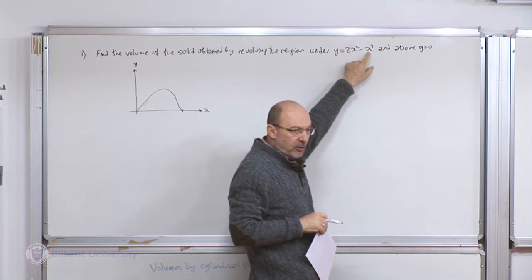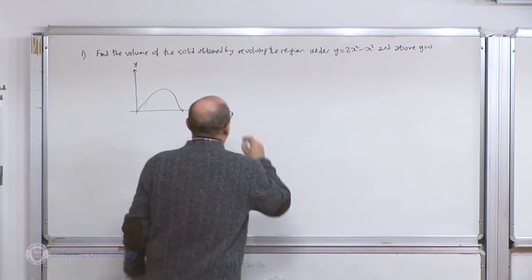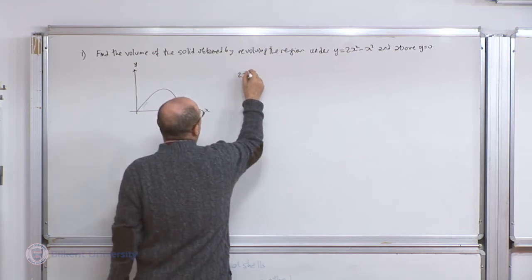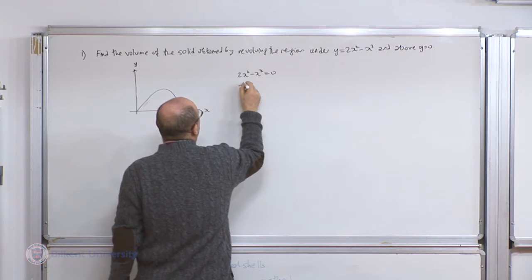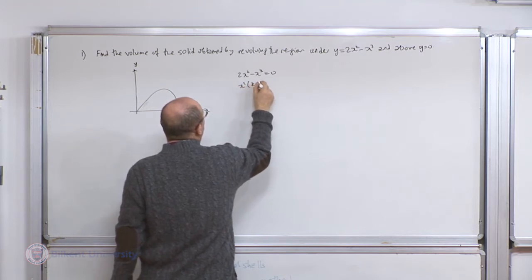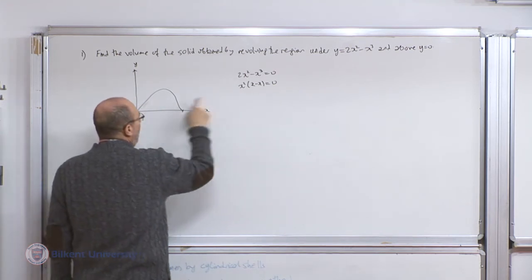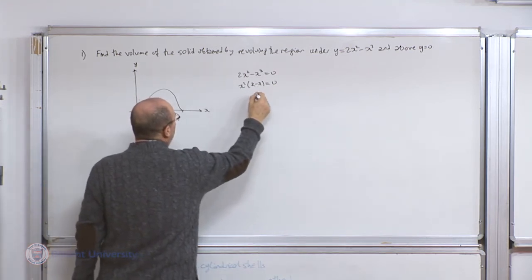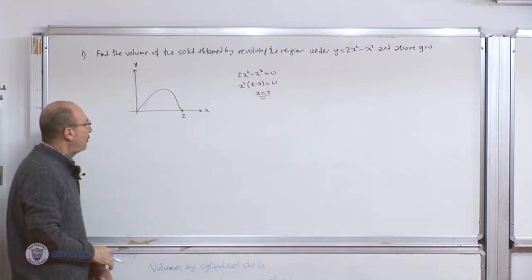But eventually, x cubed is dominating, so it will be negative. It goes to minus infinity. So at some point, it again crosses the x-axis. So first we solve 2x squared minus x cubed equals 0. So here we have x squared times (2 minus x) equals 0. So x equals 0 gives this point, and x equals 2 gives the other point.